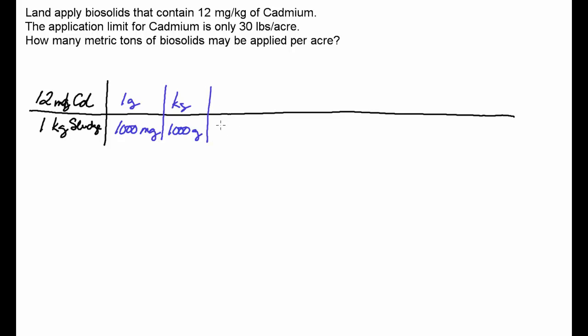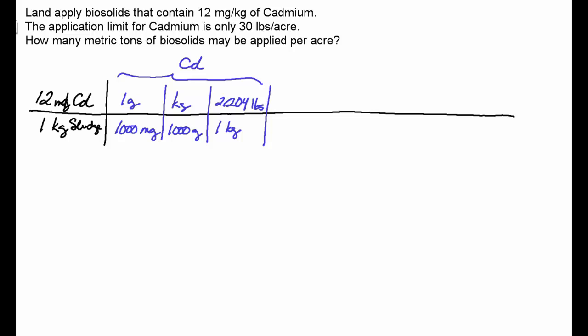And then for every 1 kilogram, there are 2.2 pounds. And if you want to get really picky about it, you can say there's 2.204 pounds. Okay, so this is all cadmium.